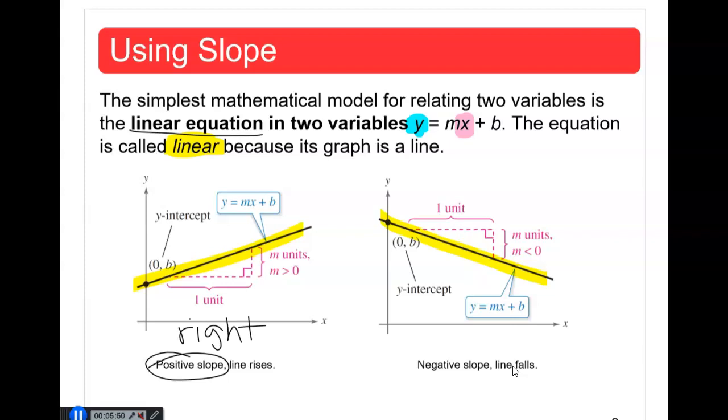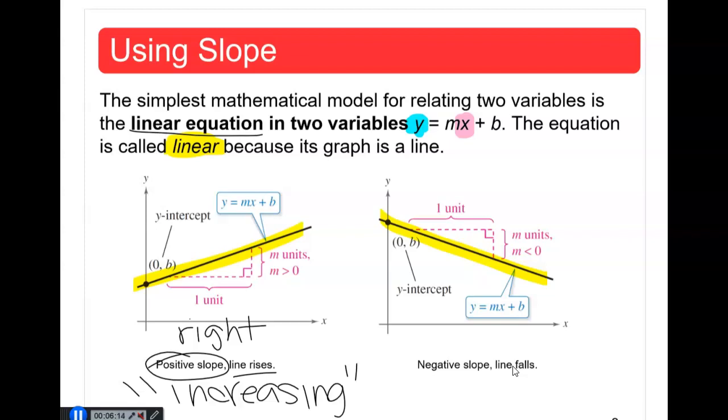A more correct way to say that it's leaning to the right will be to say that it is increasing. And we could say that the line rises to the right.